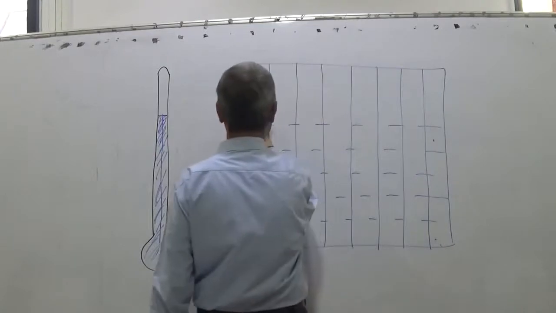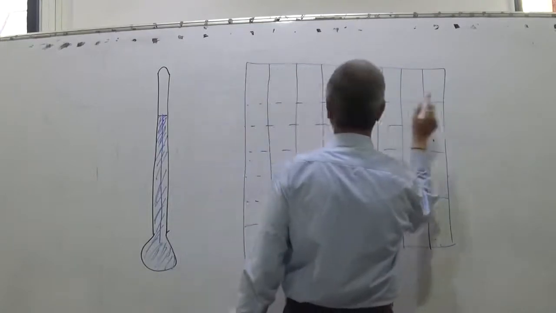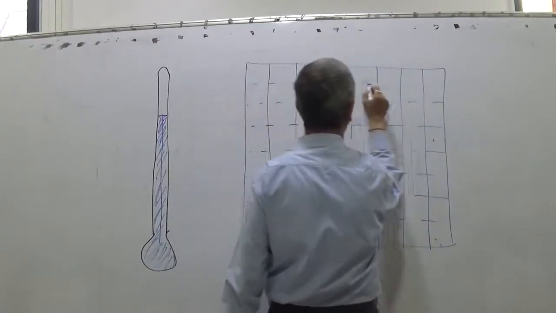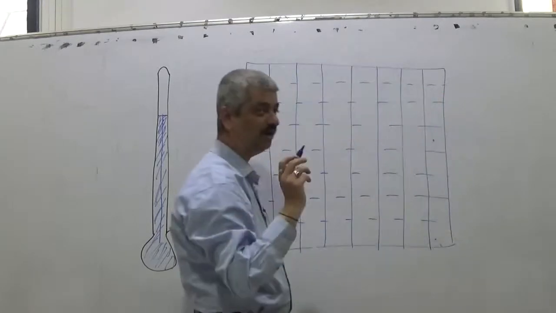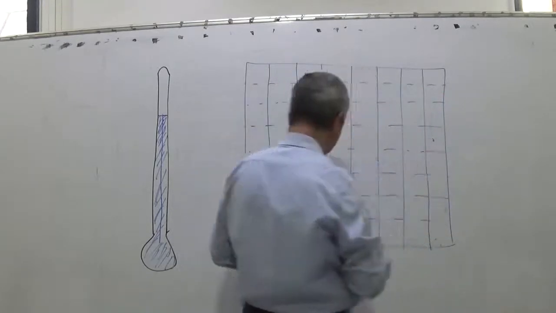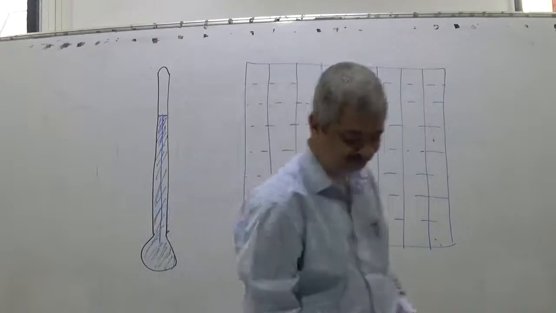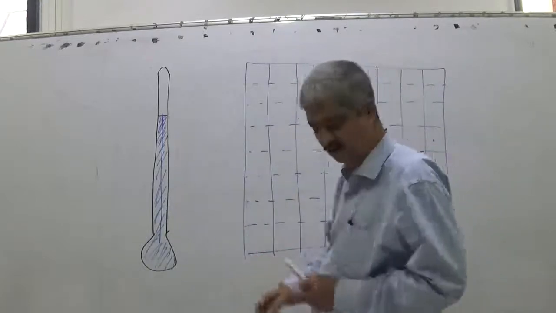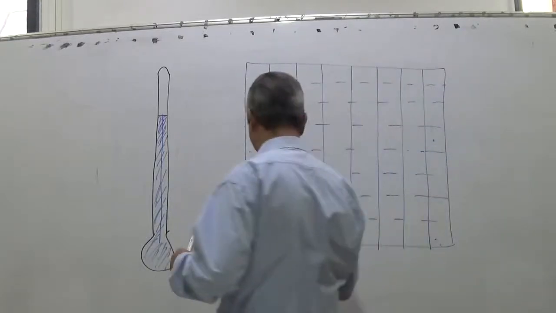Listen very carefully. I am explaining in a very simple manner so as to give you the difference of what a discrete variable is. Now what will you do? This horizontal axis is the time axis.